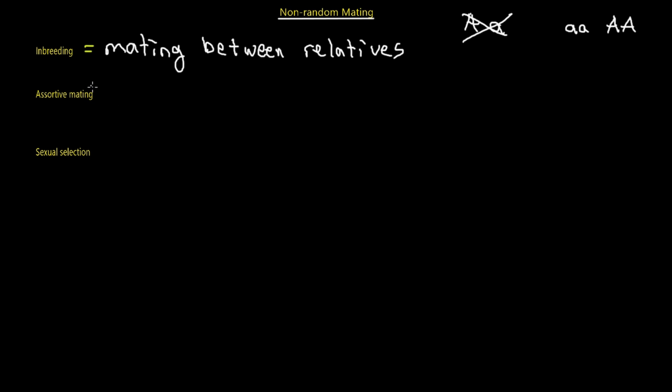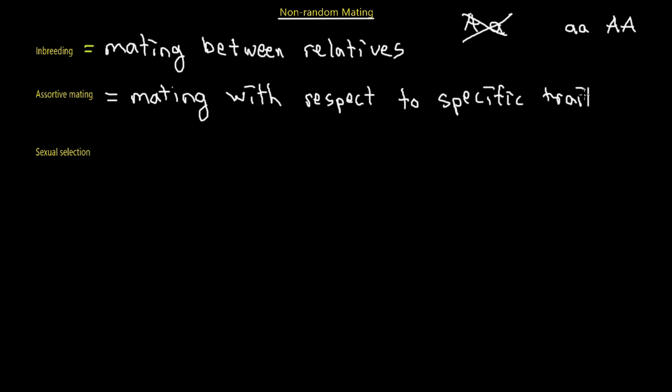Now, assortative mating is defined as mating that is non-random with respect to specific traits. So this could be phenotypic traits or behavioral traits that would cause certain individuals to choose other individuals that look like them. So again, the law of attraction is that like attracts like.